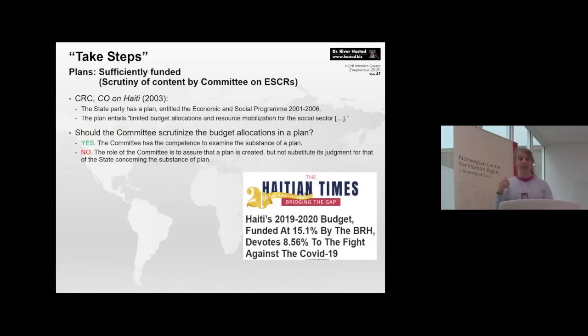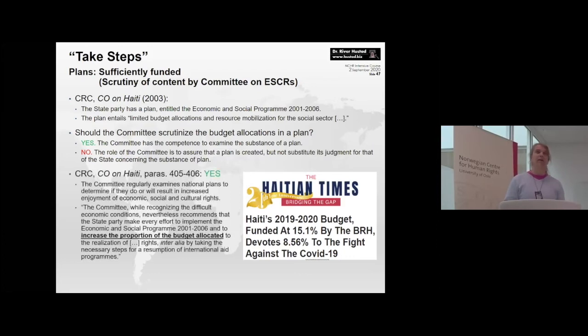So in making a plan, does the state then have to sufficiently fund what the plan accounts for? And the committee has said yes. And in this particular circumstance, the committee actually looked and said, oh, the state has to increase the budget allocation here for that plan.